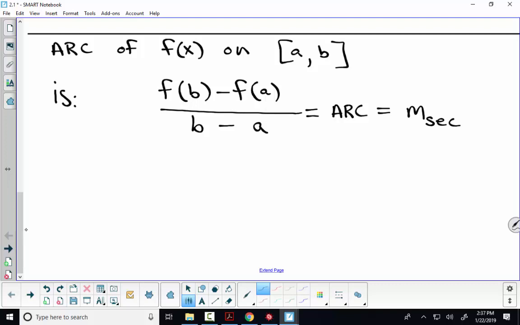Just a really quick sort of trivial example. It takes me 40 minutes to get to work, which is 20 miles.